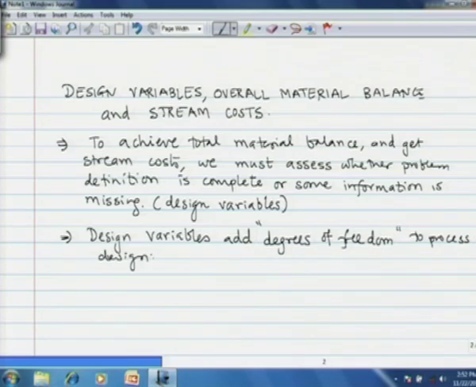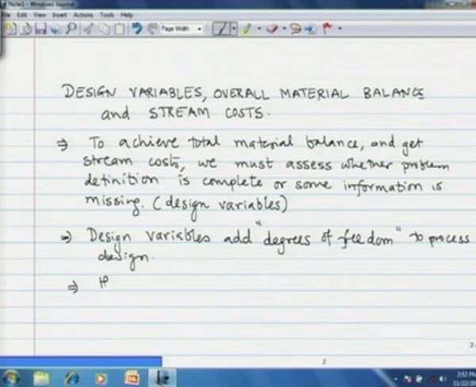Now, consider a hypothetical process in which there is a single product generated from one or more reactants and the conversion is complete.